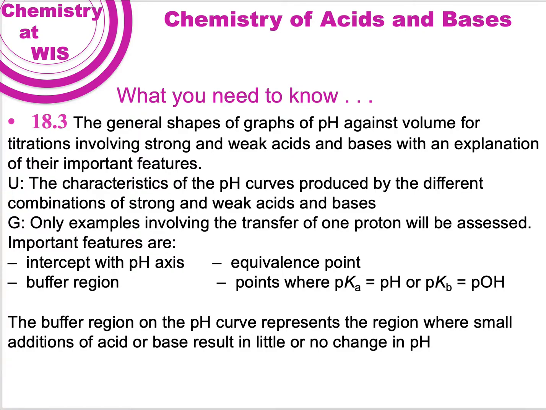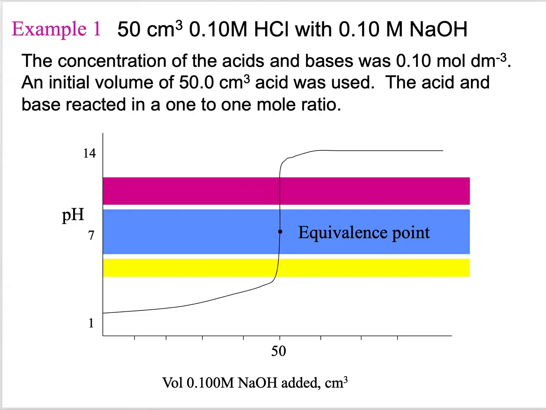And so we're going to look at shapes of pH curves depending on whether it's a strong acid with a strong base or a strong acid with a weak base, etc. And at the moment we're only going to look at a single proton in the acid.